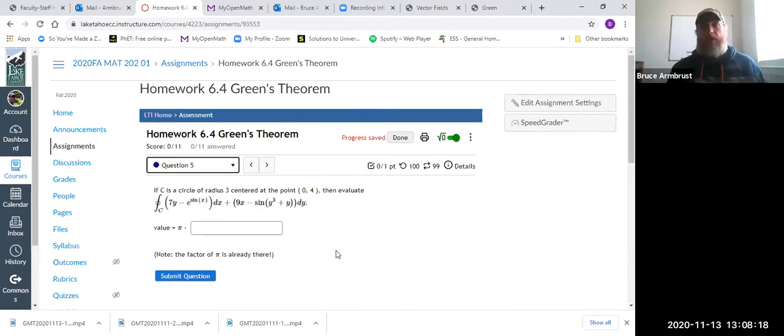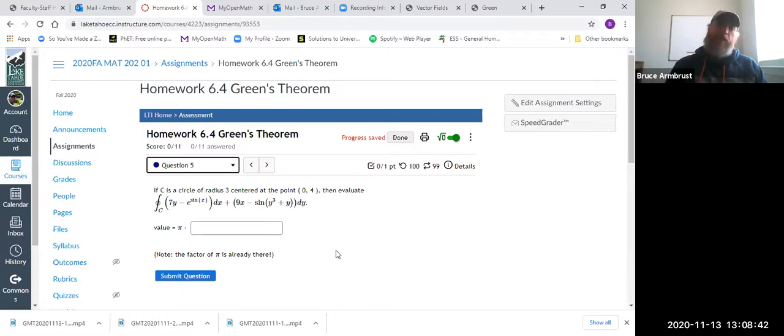And once we've got that parameterization, we could plug in for the y's and the x's, also the dy's and the dx's. So we've got it in terms of t, and then integrate as we go around that circle. We probably would make our bounds 0 to 2 pi, I'm going to guess, since we're doing a circle, right? So we could just slug it out.